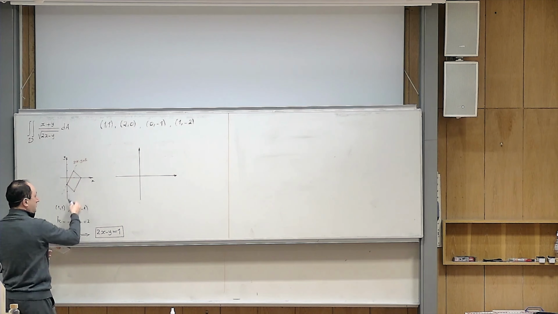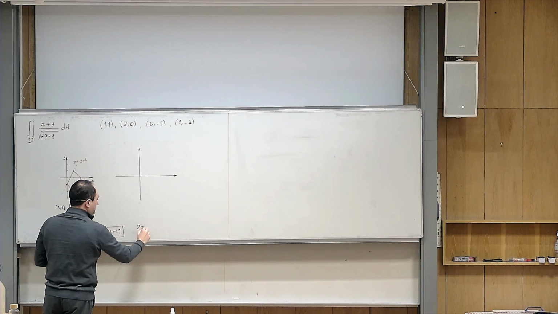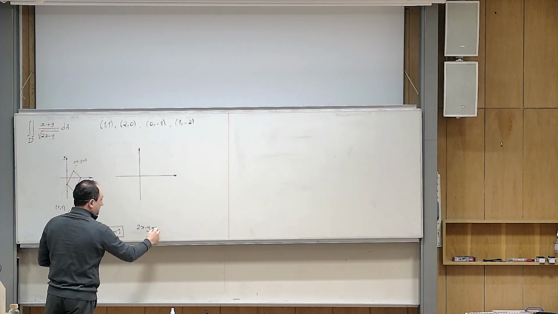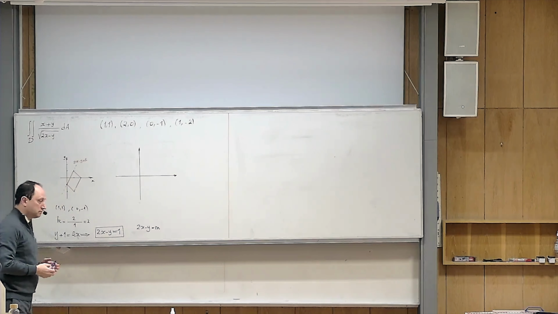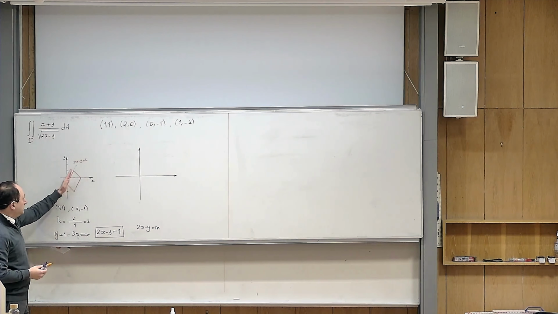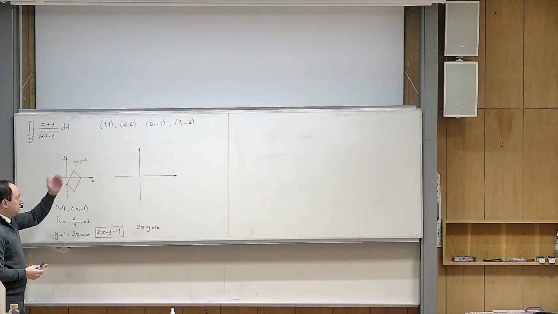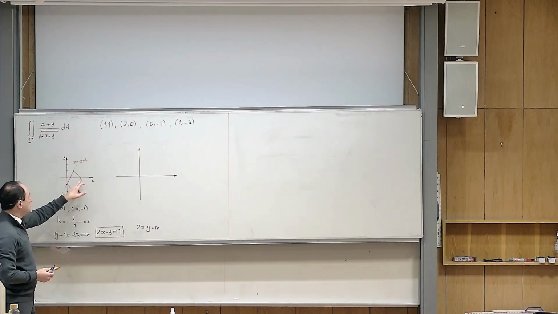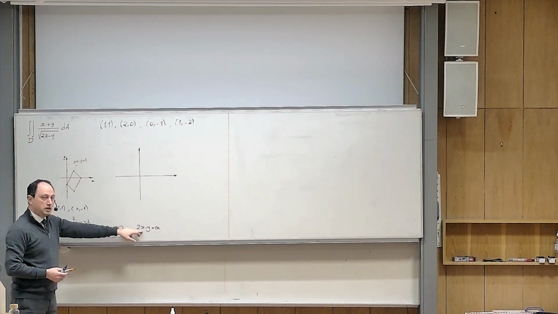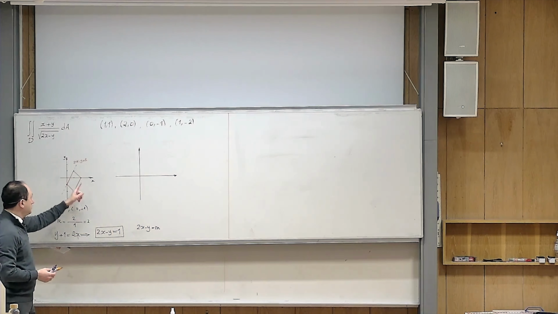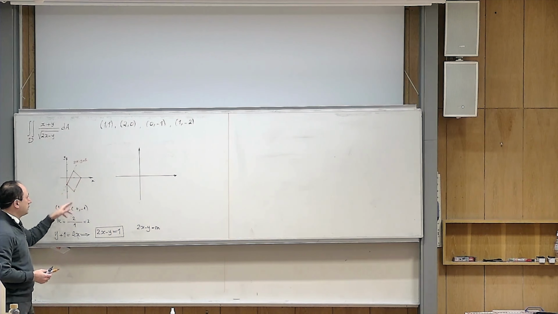So the equation of that line would also be 2x minus y equals to a constant, so let me call it m, because this line is parallel to that line. It's a parallelogram, and it means that, to find m, I can choose one of these points and put it here to find m. Or, if you want, you can just use these points to find the equation for the line.